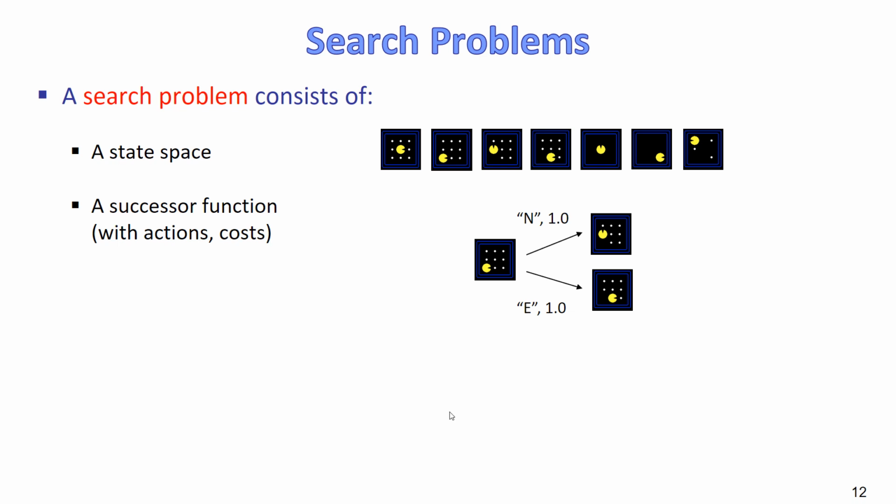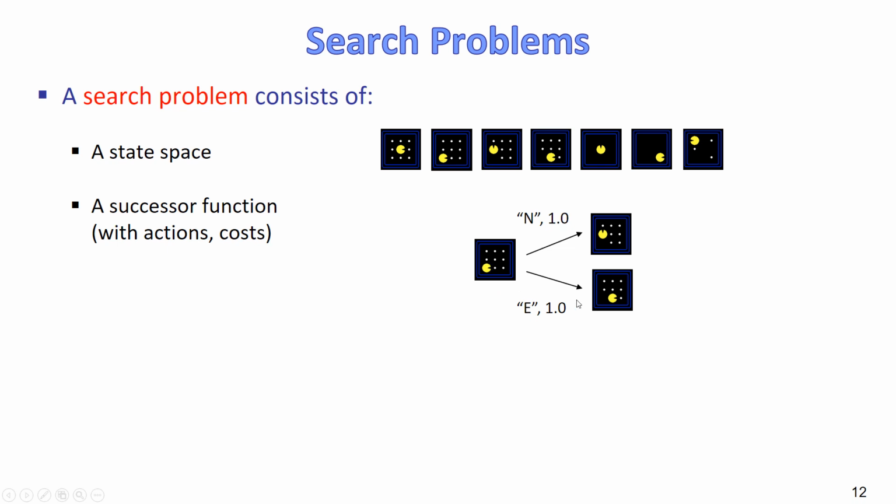So for example, let's say that the agent is in this state now. The agent is here, and these are the dots. Now the agent has 2 possible actions. It's either going east with a cost of 1, because it will be just 1 move, or going north, also with a cost of 1.